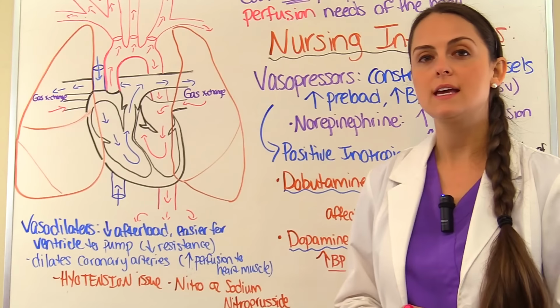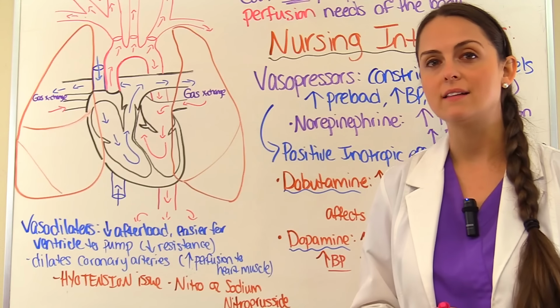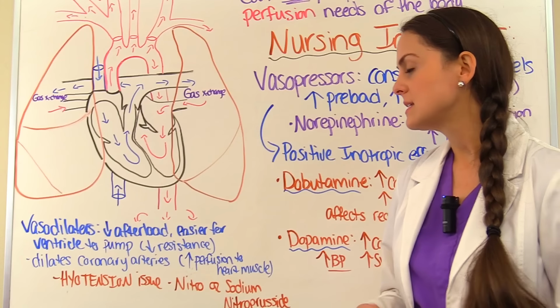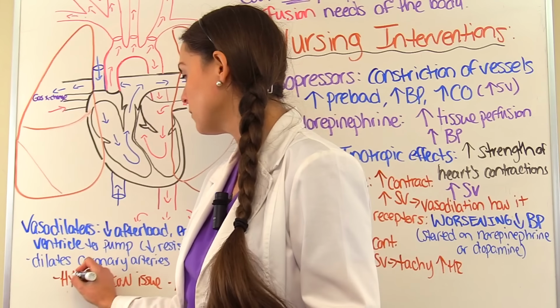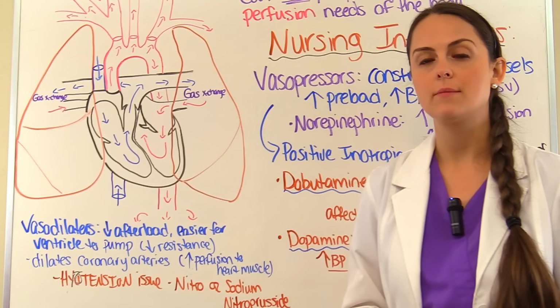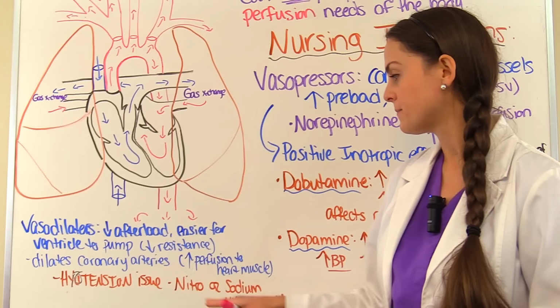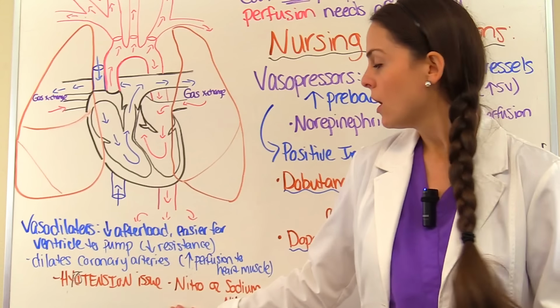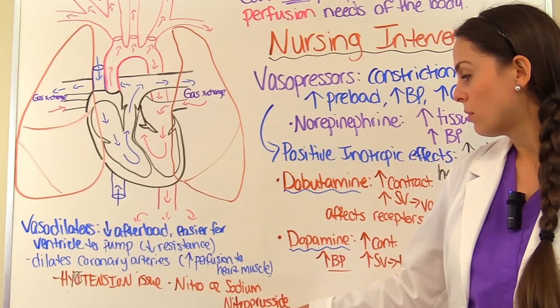So our heart's going to get more blood flow because of those dilated coronary arteries. But a side effect of this is hypotension, so we really have to watch out for that blood pressure, make sure it's stabilized because it can further make it worse. And some vasodilators are like nitroglycerin or sodium nitroprusside.